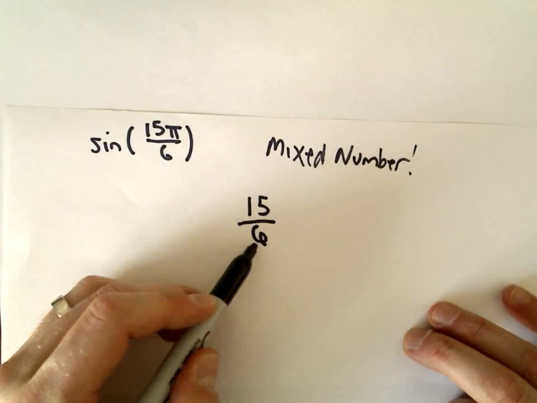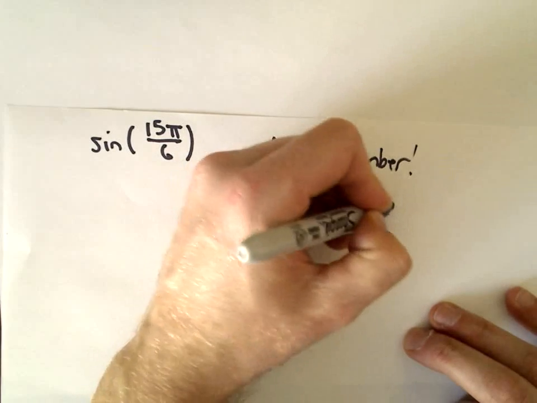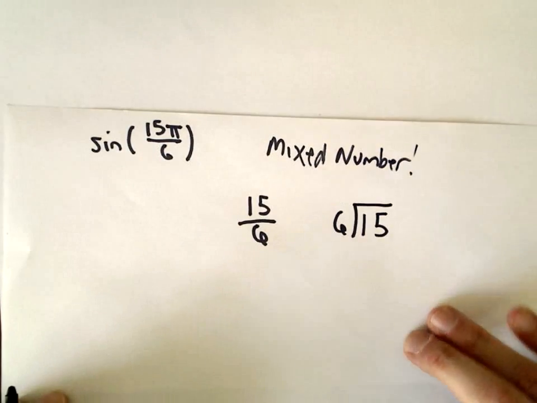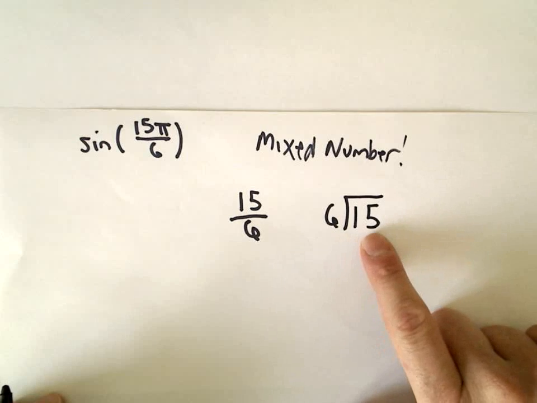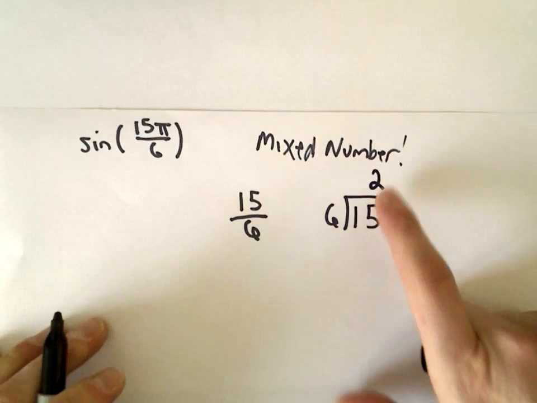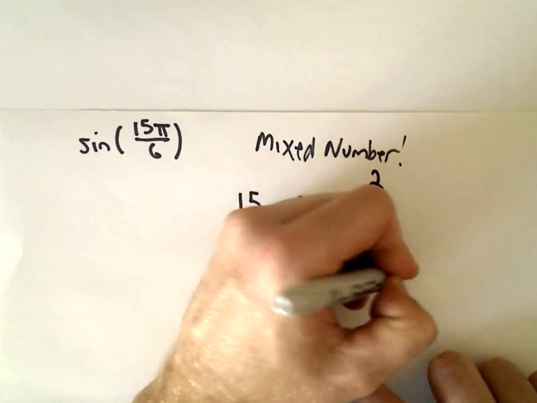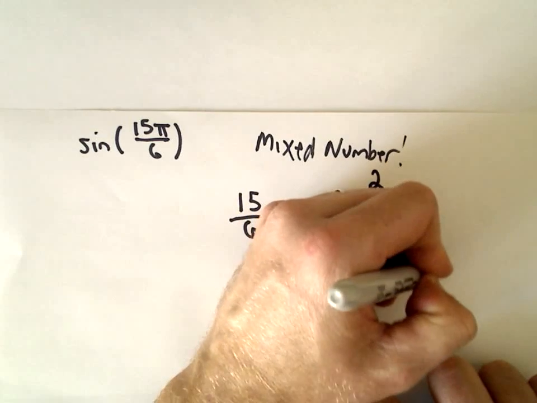Well, to make 15 divided by 6 into a mixed number, we're just going to do long division. So we have 15 divided by 6. 6 goes into 15 how many times without going over? Well, 2 times. 2 times 6 is 12. We subtract and we get a 3. That's our remainder.